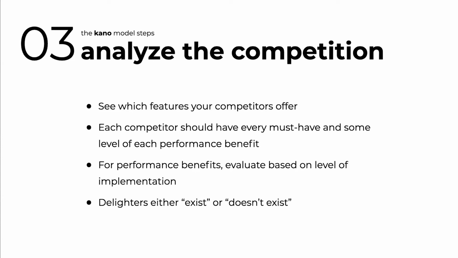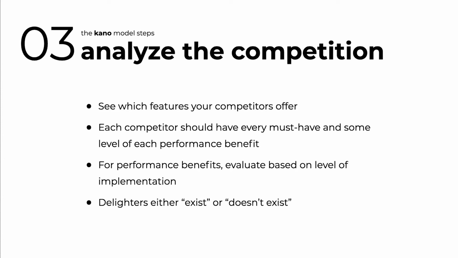And everyone should have some level of implementation for each performance benefit. That means they might not have implemented the performance benefits all the way, but it's somewhat there so that they can at least check the box for their customers and say, yeah, we have this.